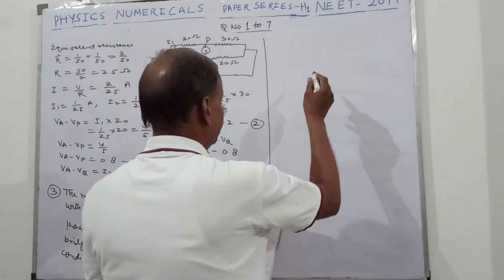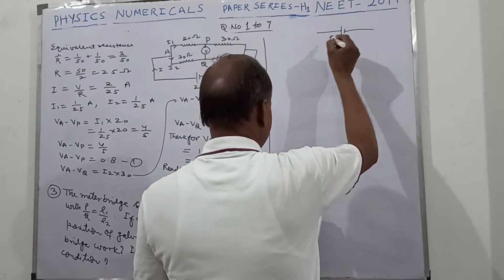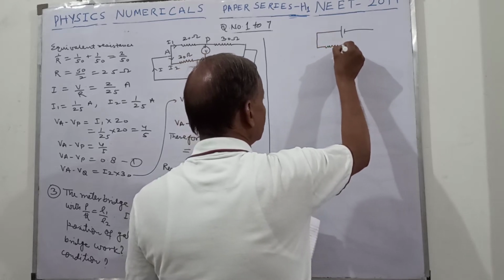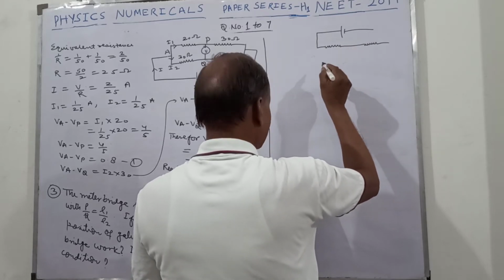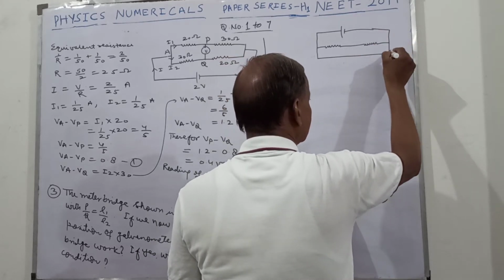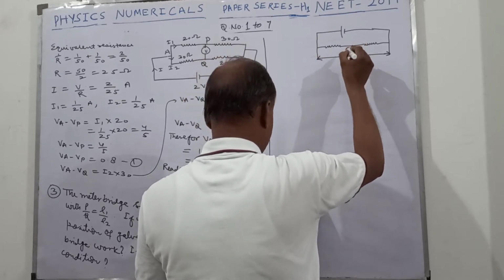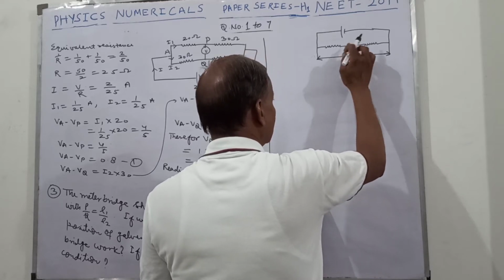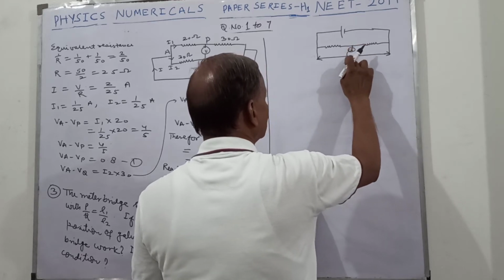Now the given in the figure is, this is the cell, this is like this, then we have a galvanometer connected to this.